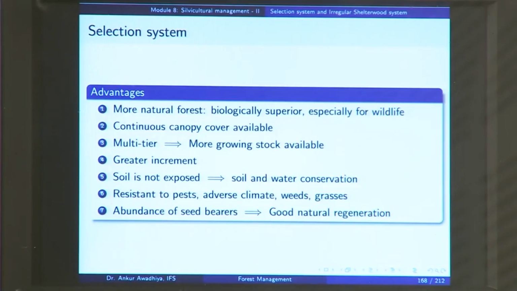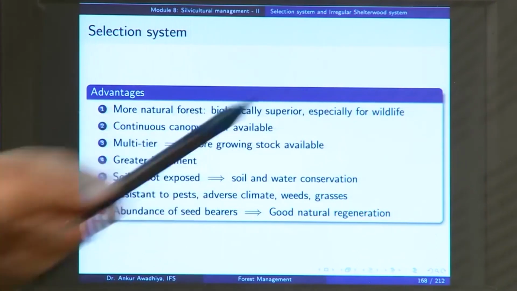You have a small number of very old trees which will have hollows, and they can be used as nesting areas or as breeding areas by, say, birds or small mammals or even reptiles. So, you have trees of different age classes, and all of these have certain biological values for different species of flora as well as fauna. So, it is a natural forest which is biologically superior, especially for wildlife.